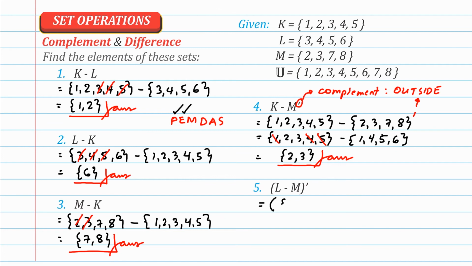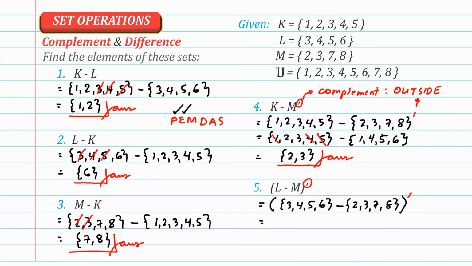Let me write the elements of L. Then copy minus. Then M. Carefully. And then close parenthesis. Oh, but don't forget, we have to get its complement. Okay? Now, again, according to the GEMDAS rule, get this first before anything else.